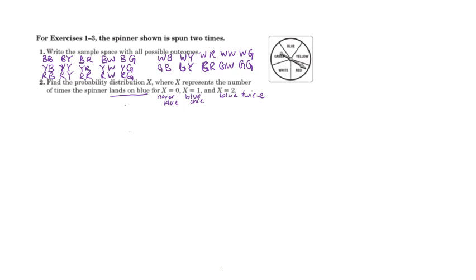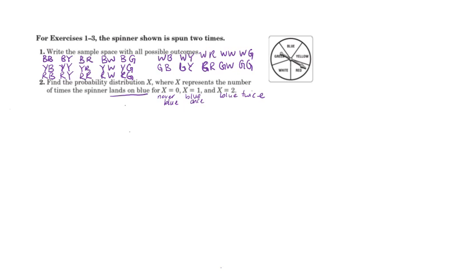Okay, so first of all, we've got to pick how many total possible outcomes there are. So let's see, 1, 2, 3, 4, 5, and then 6, 7, 8, 9, 10, 15, 20, 25. All right, so there's 25 different possible outcomes.